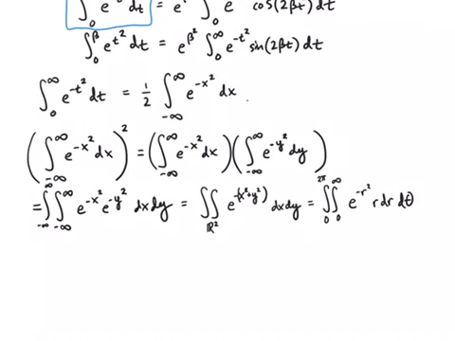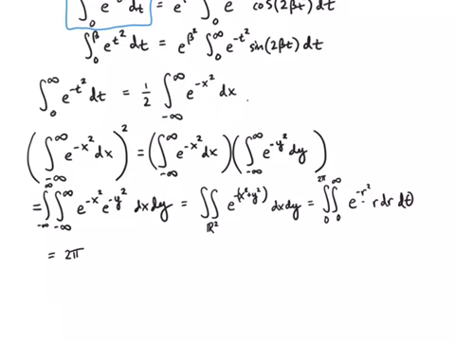And this integral is very doable. The theta integral just gives you 2 pi. For the r integral, negative r squared's derivative is negative 2r.